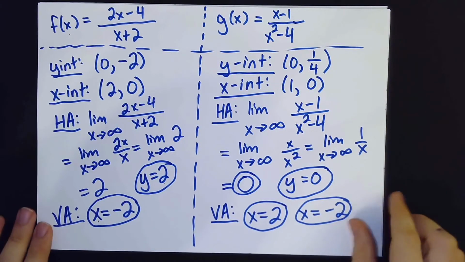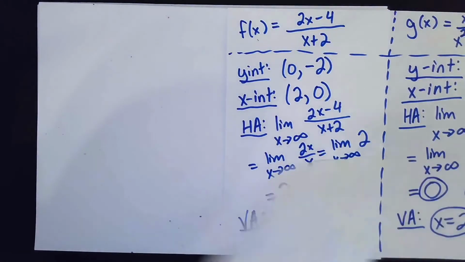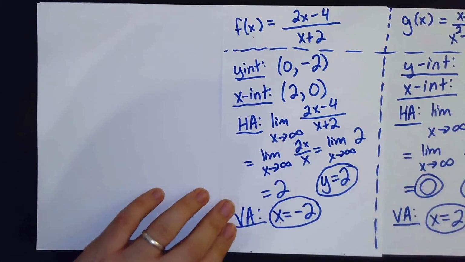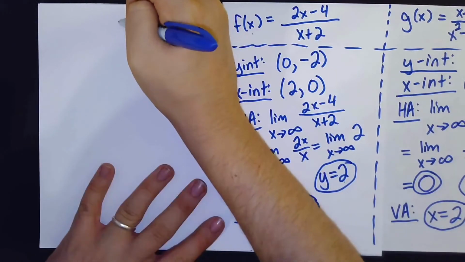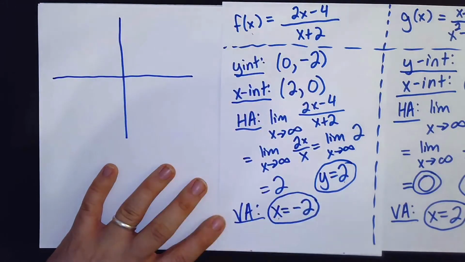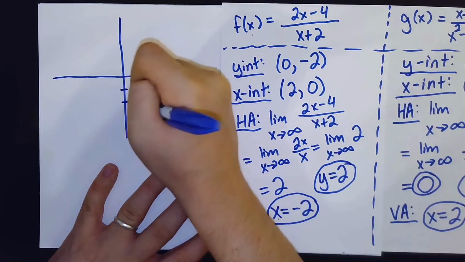Okay, so now I want to draw graphs of these things. So let's start by drawing a graph here of f of x. I will try and draw my axes as relatively clean as possible. Let's see, I've got a y-intercept at minus 2.